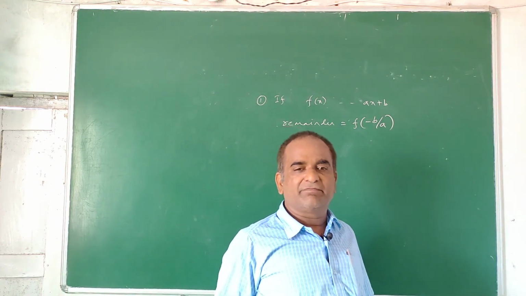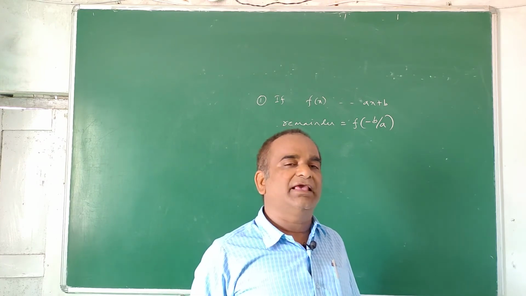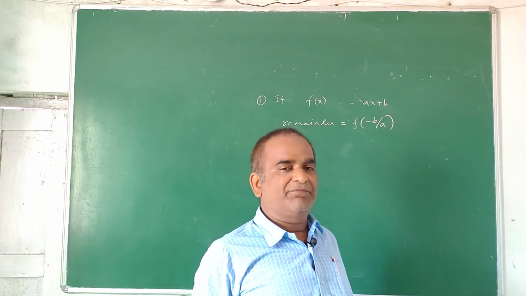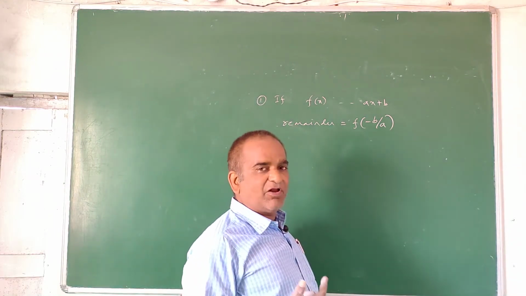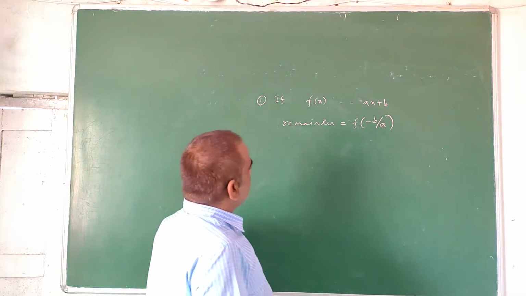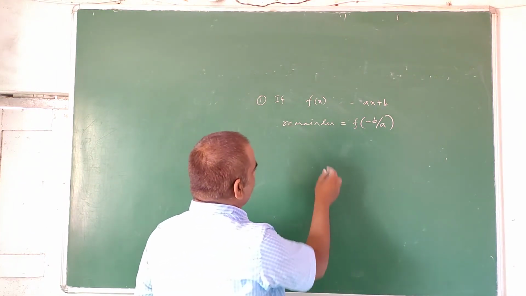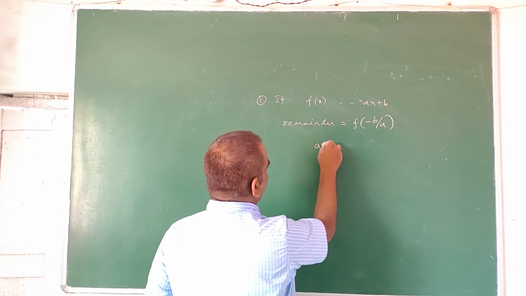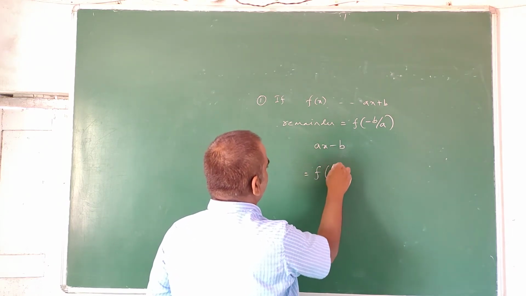See, we have discussed remainder theorem. If f of x is divided by x minus a, remainder is f of a. So now we are expanding to the linear polynomial ax plus b. So if f of x is divided by ax plus b, remainder is f of minus b by a. If it is divided by ax minus b, the remainder is f of b by a.